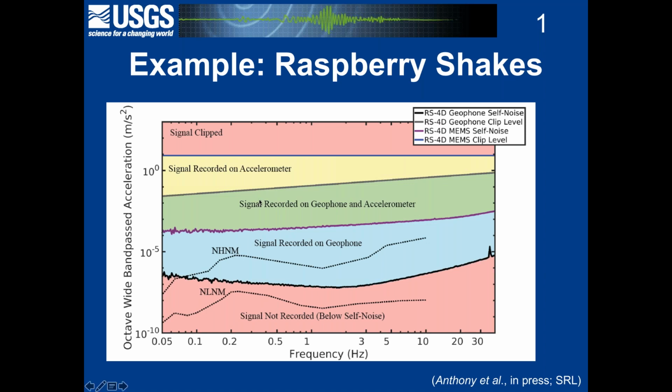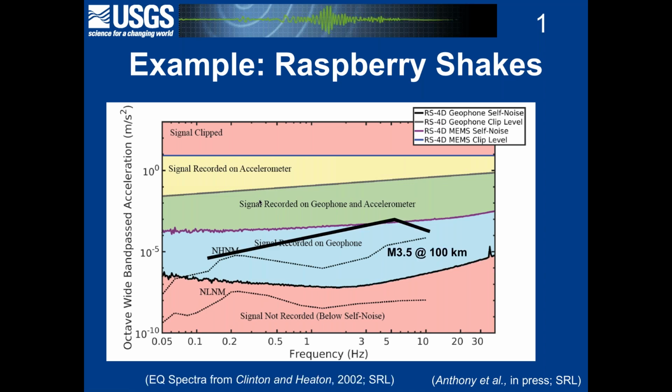So let's see how different earthquakes would be recorded by this instrument. Let's say you're in Oklahoma and you see a magnitude 3.5 at 100 kilometers. This is going to be well recorded on the geophone. It's above the self-noise level of the geophone. It's below the clip level, but it's pretty much below the self-noise level of the accelerometer. So you're not going to see this event on the accelerometer, but you'll probably record it very well on the geophone.